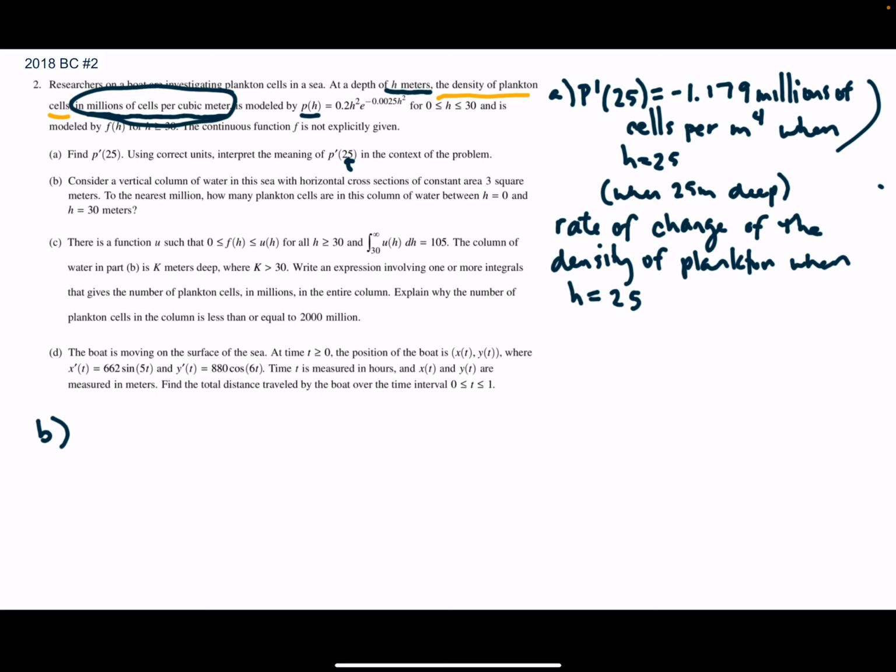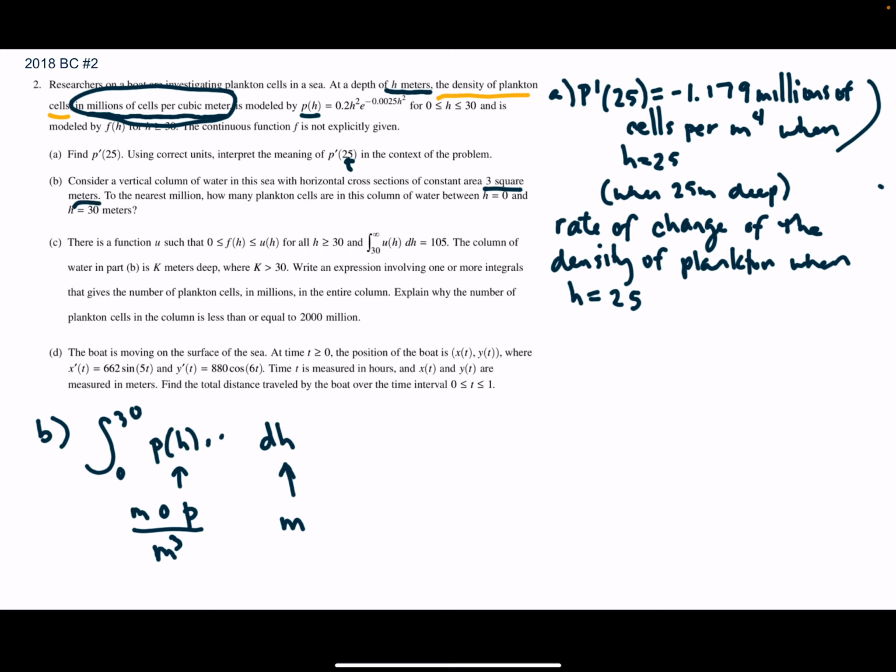And so I'm going to integrate from 0 to 30 because it says from 0 meters to 30 meters. If I just integrate P of H with a dH at the end, this is in millions of plankton per cubic meter, and then the H here is in meters. So far I have millions of plankton per meter squared, which is where this 3 square meters comes in.